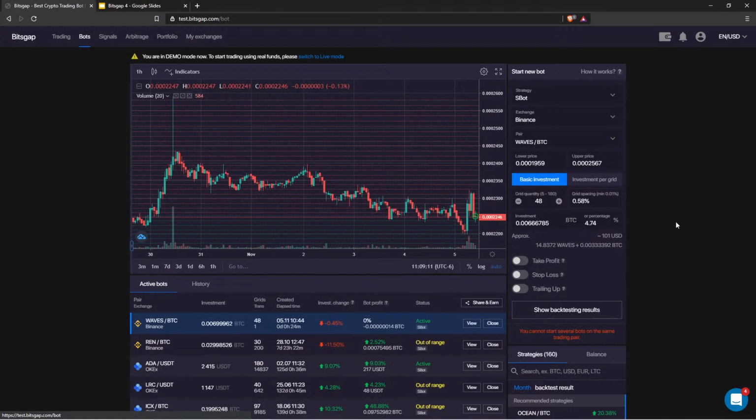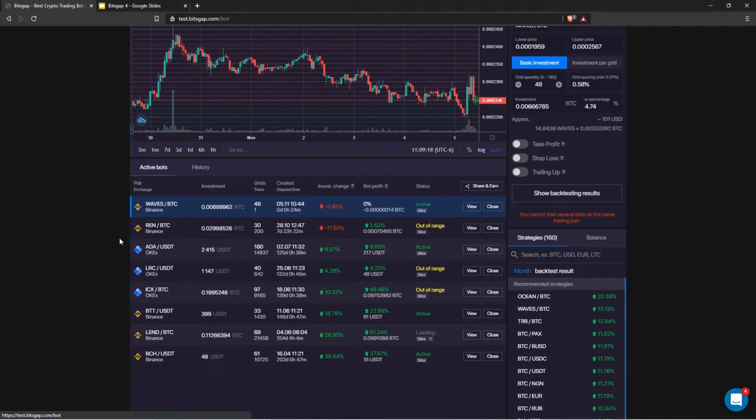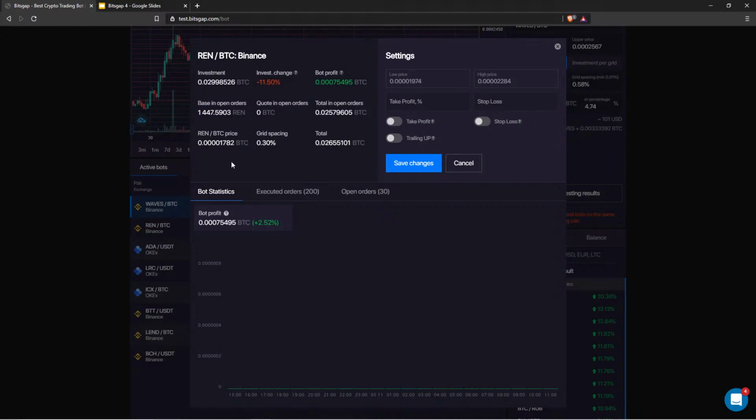So basically the last thing that I wanted to show you is the statistical metrics that we've recently updated in bots trading. So as you click on view, originally you used to get the bot statistics but limited to the investment change, bot profit, and open orders.